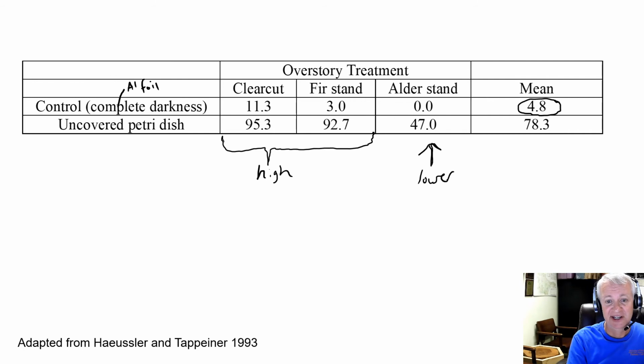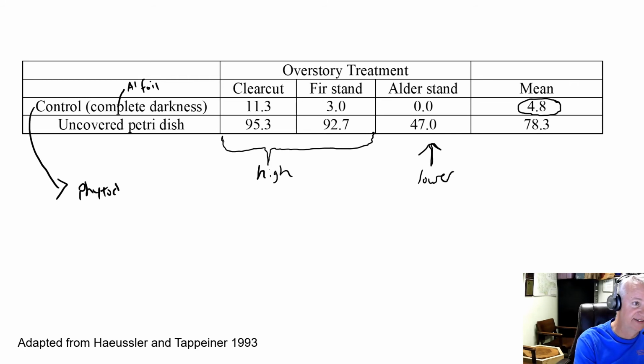This is good evidence that alder seeds have phytochrome that enables them to sense the red to far red ratio. Well, actually, it allows them to sense two things. One, that phytochrome can sense the presence of light or the absence.